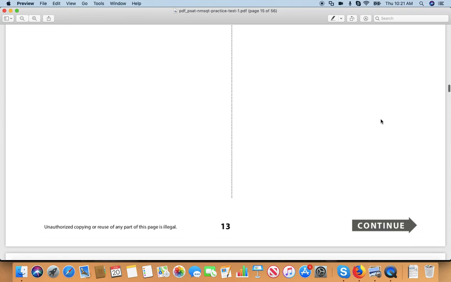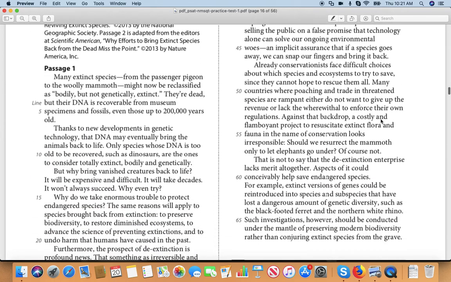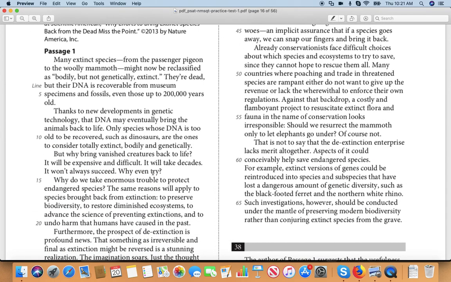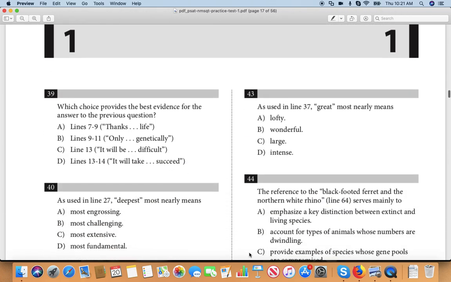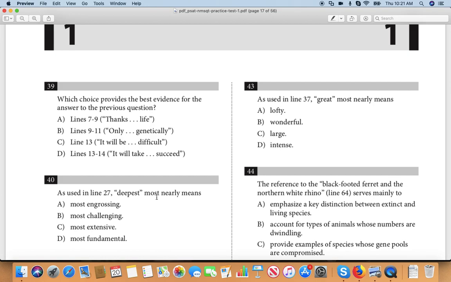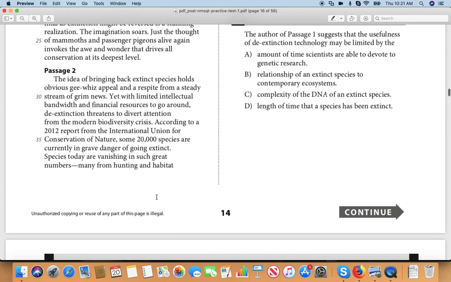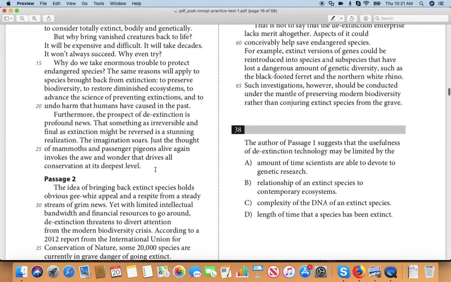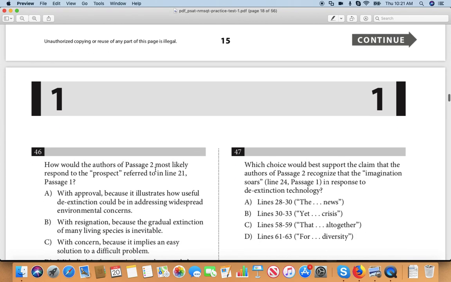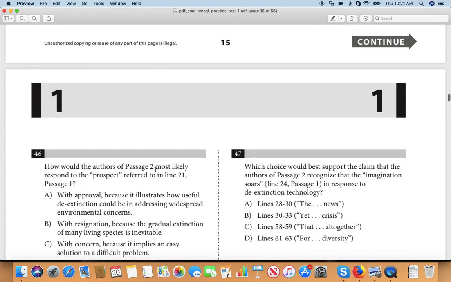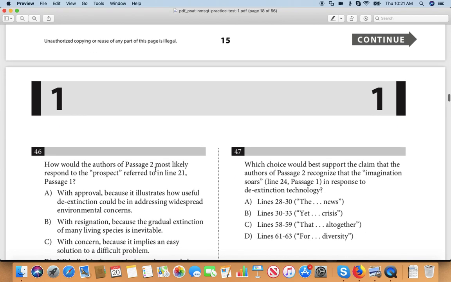So instead of reading all the passages and then answering all the questions, it makes a lot more sense to read passage 1 and then answer the questions about passage 1. Then read passage 2, then answer the questions about passage 2. There's a much more limited amount of stuff you have to keep in mind.